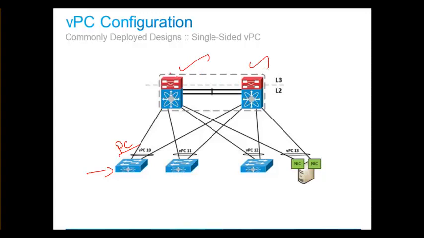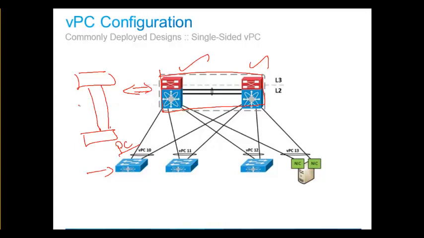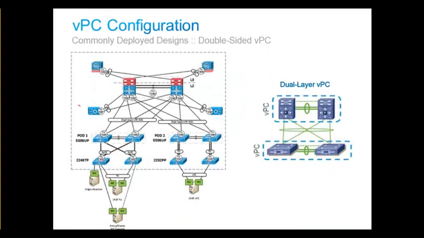I need to combine these 2 switches into one switch so that it will appear like this. See, these are all the various ways you can have this port channel. This may look a little bit complicated. Let us not go to double-sided vPC. Let us finish first the single-side vPC.